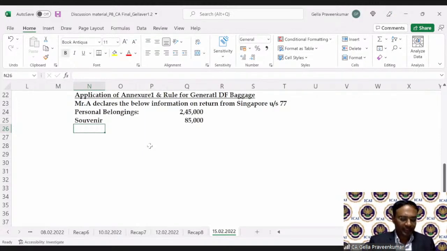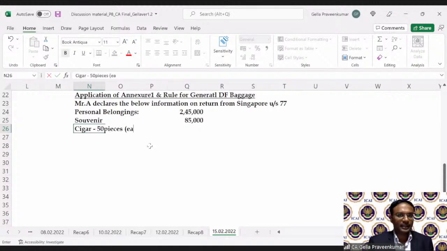Then cigarettes: say I have 50 pieces, each costing rupees 100.